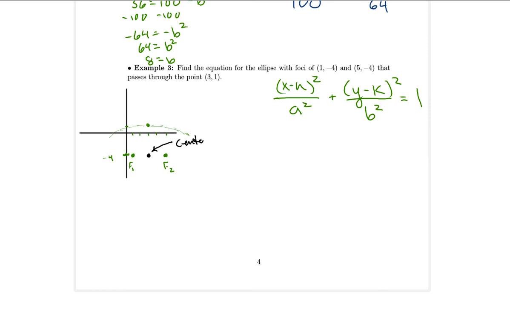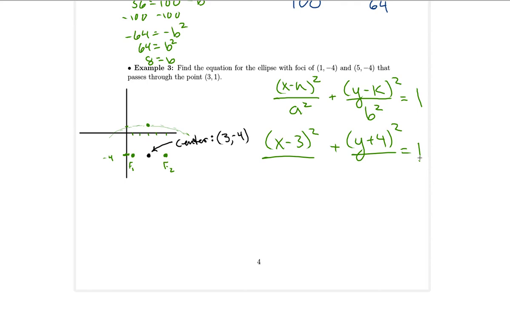The center must be (3, negative 4). It's got to be equidistant from those two foci. All right, so I can start to sketch that in. So it'd be (x minus 3) squared and (y plus 4) squared equals 1.